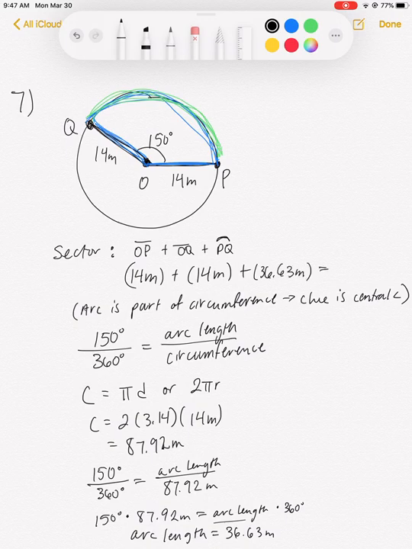When I add these up, 14 plus 36.63, we get 64.63 meters. So this right here is my answer for the length of the perimeter of that sector.